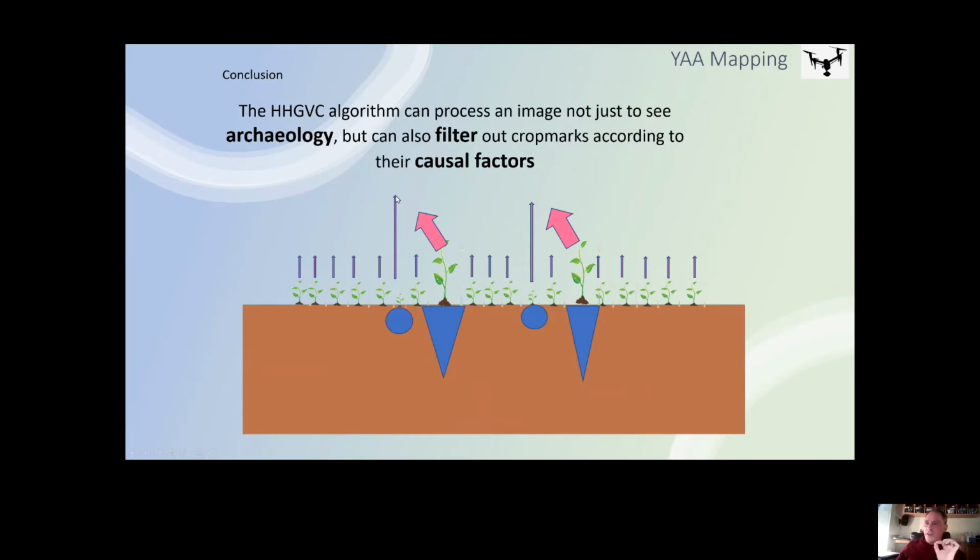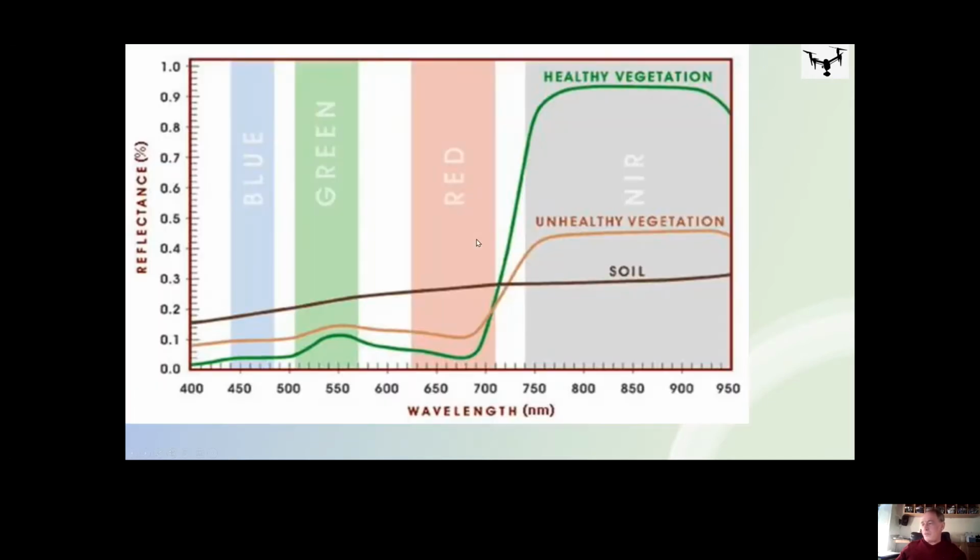So if we can isolate this here, if we can isolate this, then we can actually filter out these. I keep pointing at the screen, I'm so sorry. We can strip out the differential reflectance caused by land drains and remove it from the image. And that's precisely what we did.